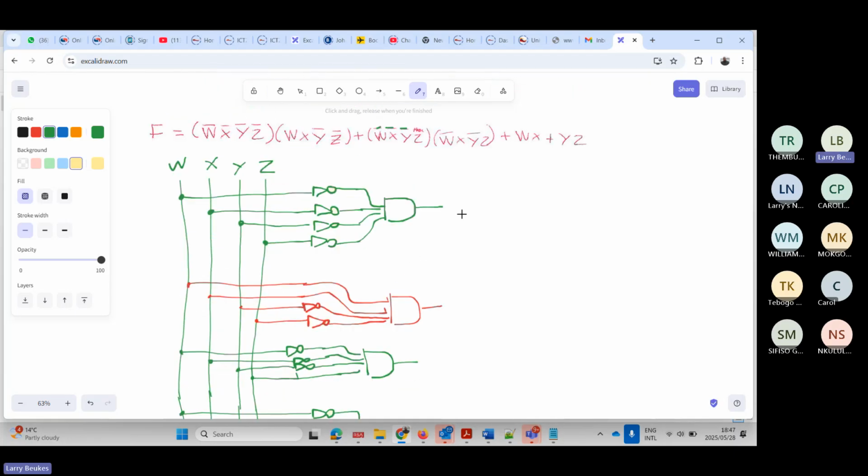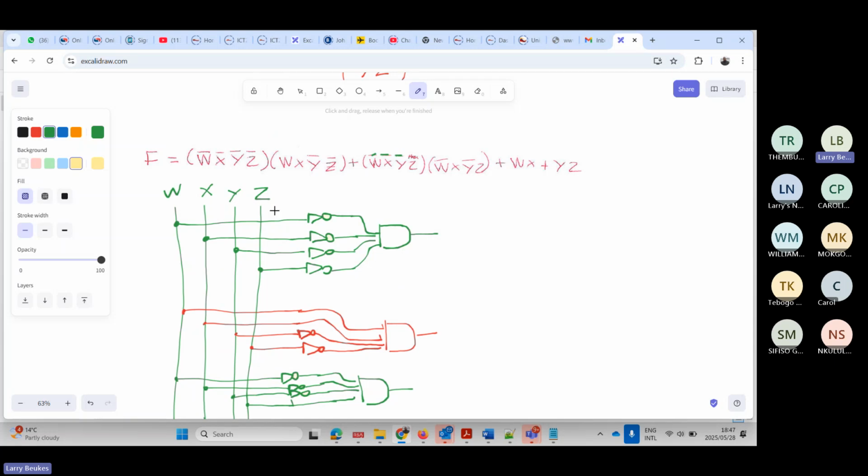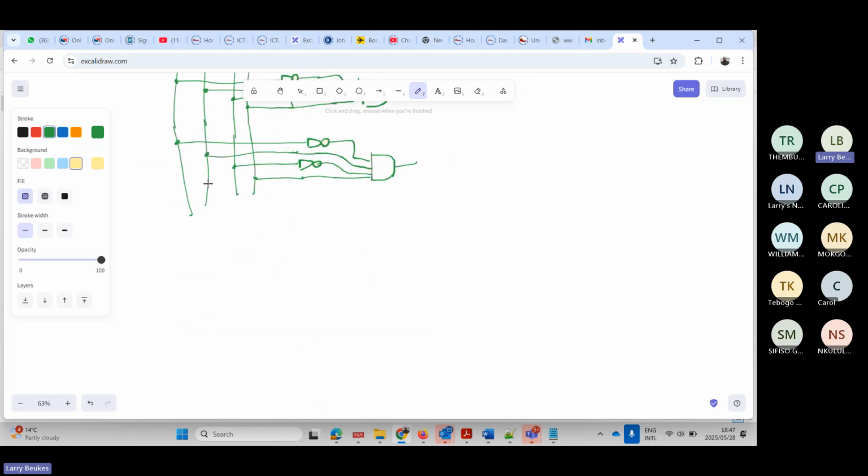Great stuff. So now the last one is WX. It's only 2. Do you see that? Remember, W is the first one, X, Y, Z, right? So we need the first 2 here. W, X. We saw that it's an AND gate.